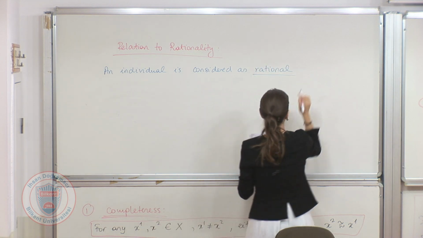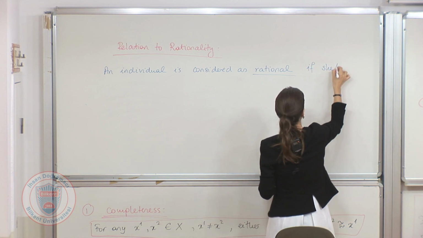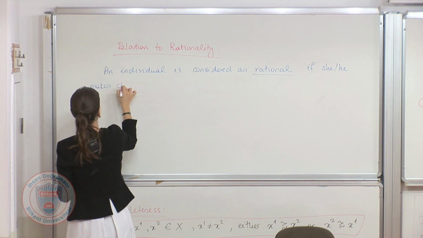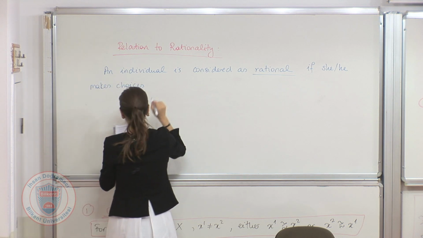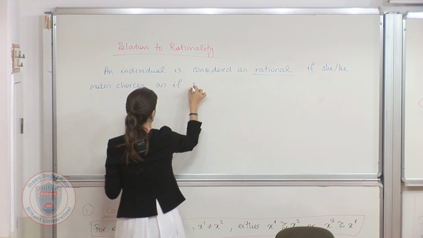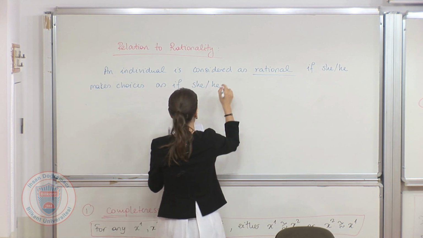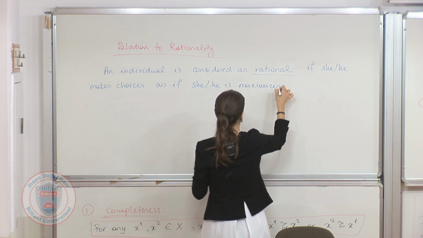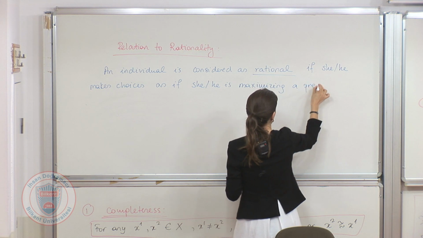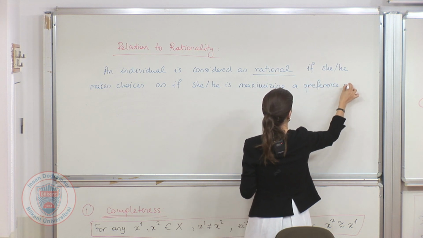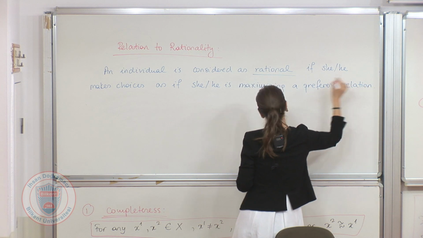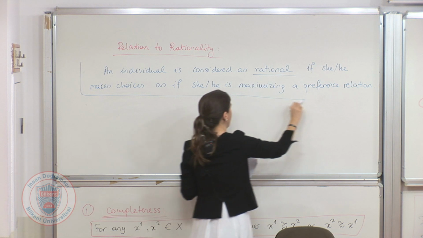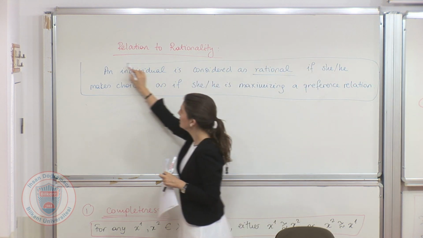So we call you rational if she, he makes choices, okay, as if she is or he is maximizing a preference relation. Okay? So we call these type of individuals rational.